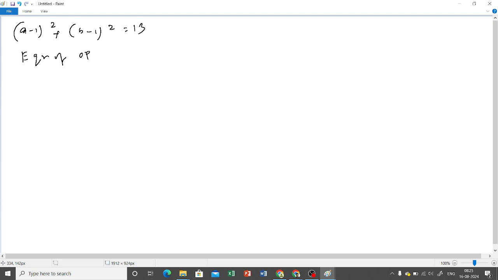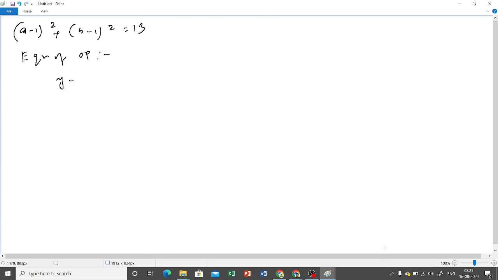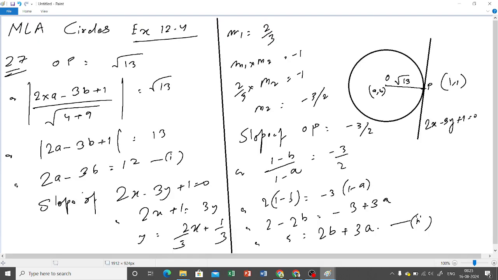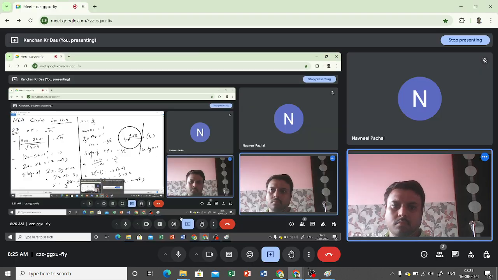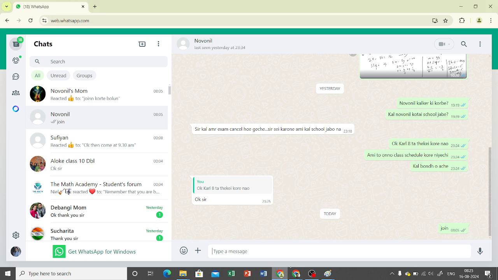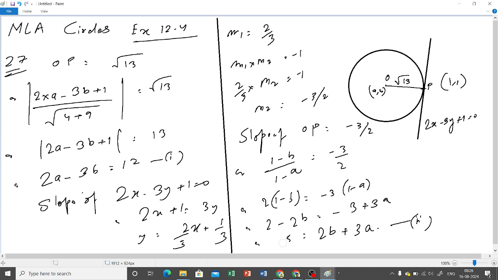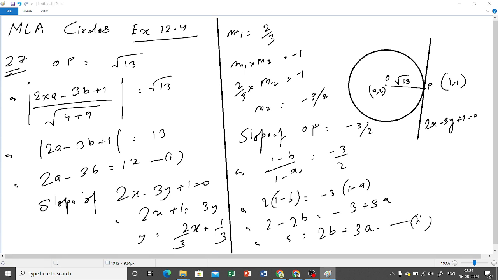Equation of OP. Equation of OP is what? y minus y1 is equals to, what is the slope of OP?